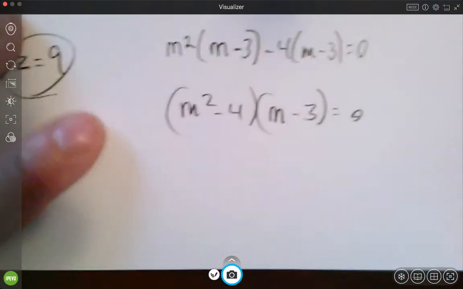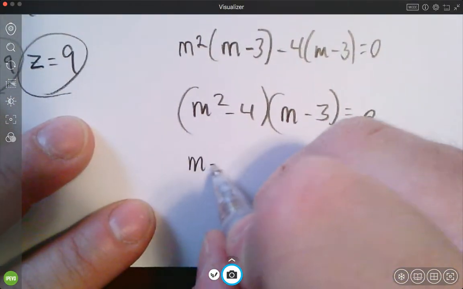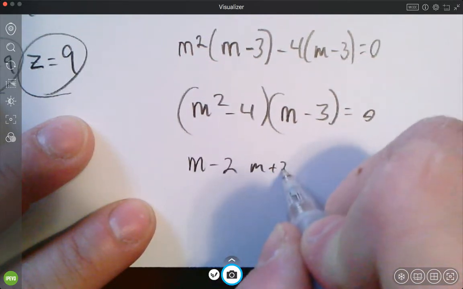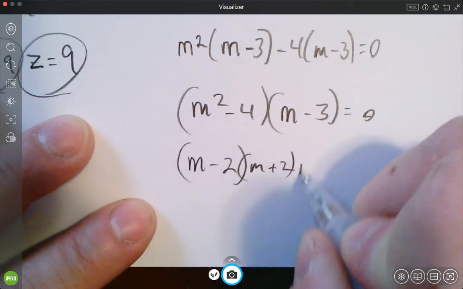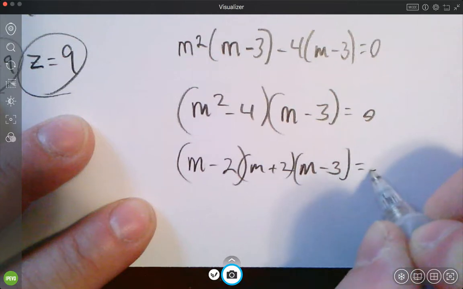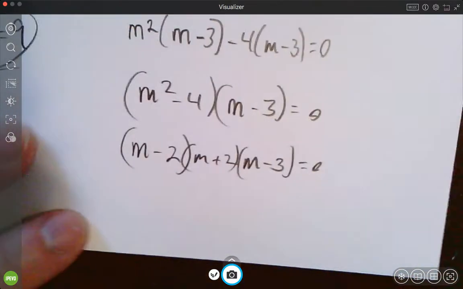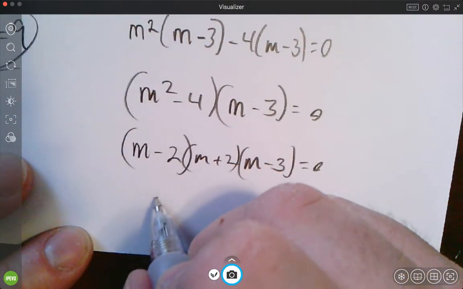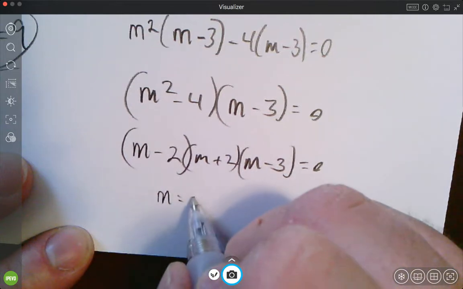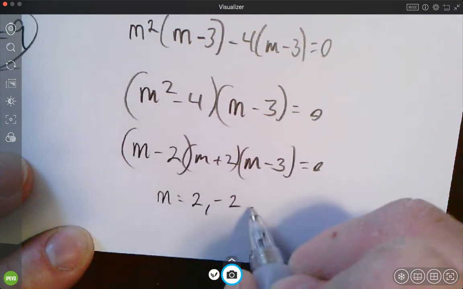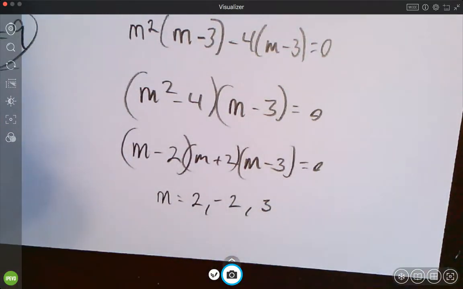But that can be factored more to m minus 2, m plus 2, m minus 3. We've come a long way since September. This is a crazy problem. So you're left with m equals 2, negative 2, and 3 when you set all those equal to 0. That's your answer to number 54. Yeah, that works. Okay, cool.